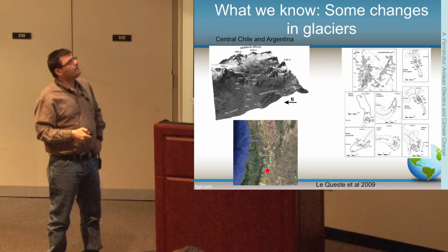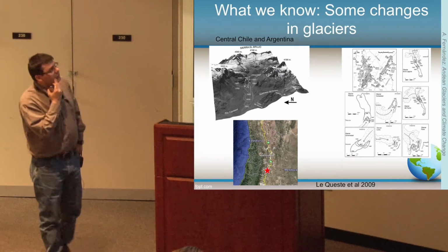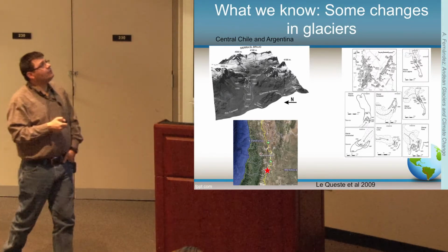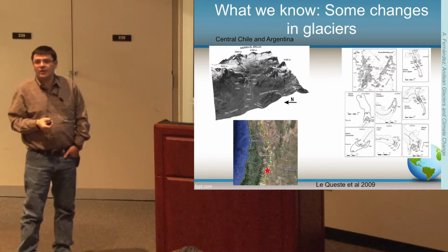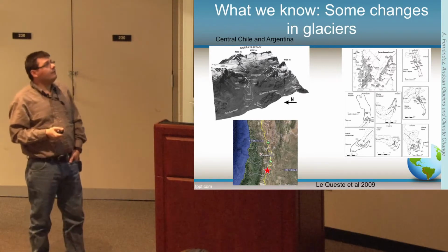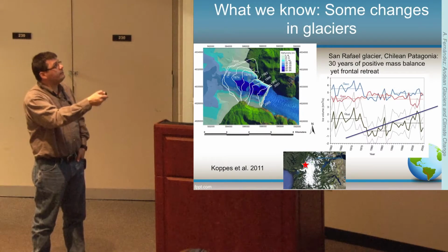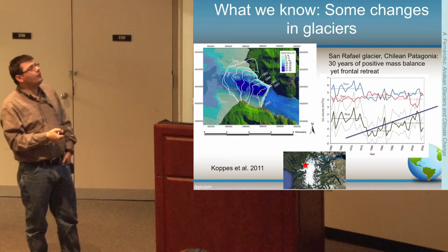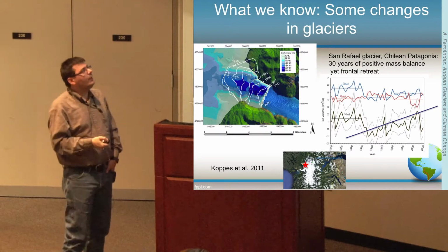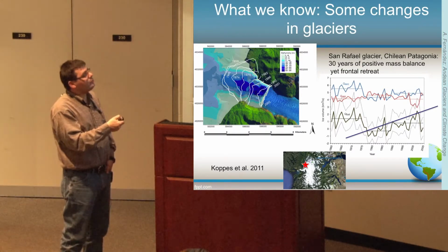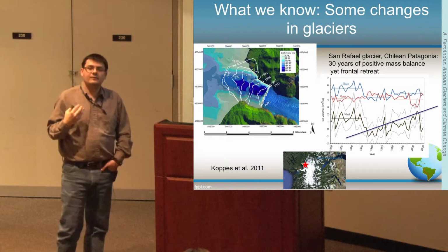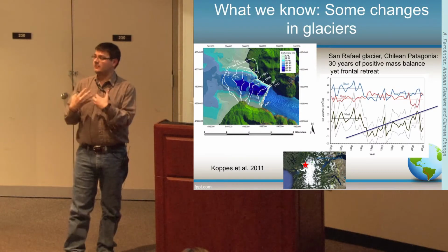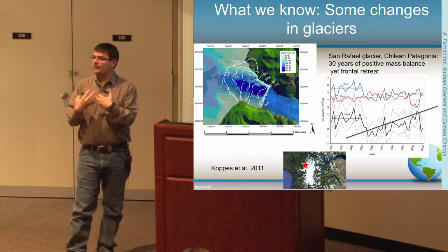And just to end up with a very well-known glacier, this is the San Rafael Glacier in North Patagonia. And again, this glacier is also losing mass, retreating, right? What is interesting with this glacier, though, is that it has been showing retreat, despite some studies having shown that the glacier has actually been gaining mass in the last 30 years.